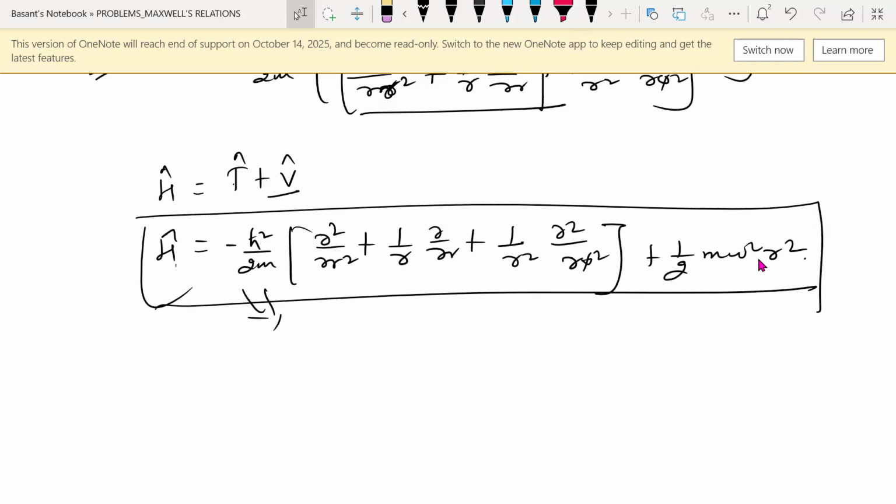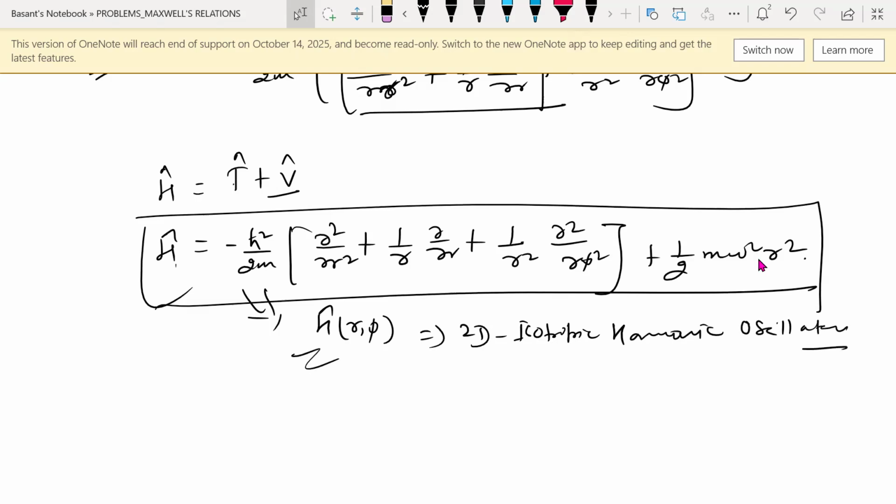So the Hamiltonian in r, phi terms for the two-dimensional isotropic harmonic oscillator is written here. Okay, this is our Hamiltonian operator.